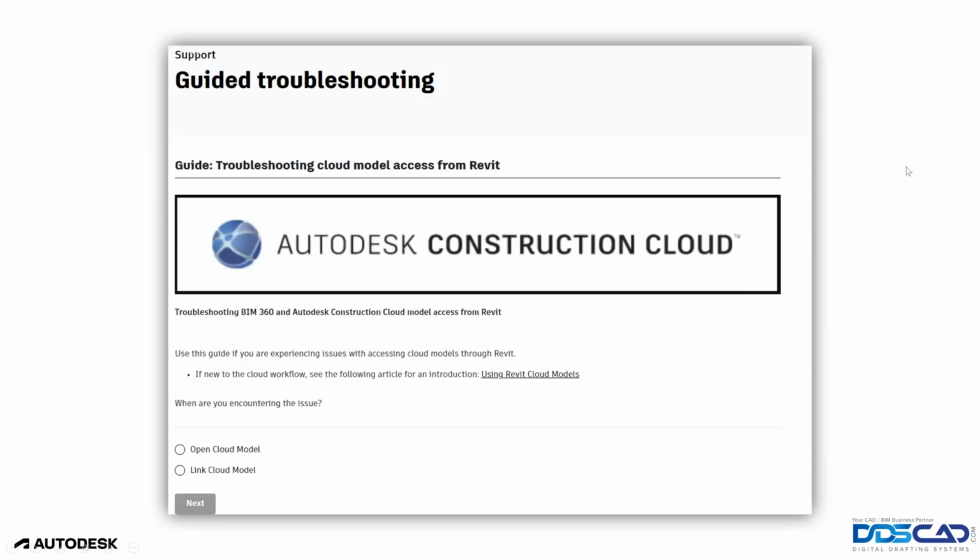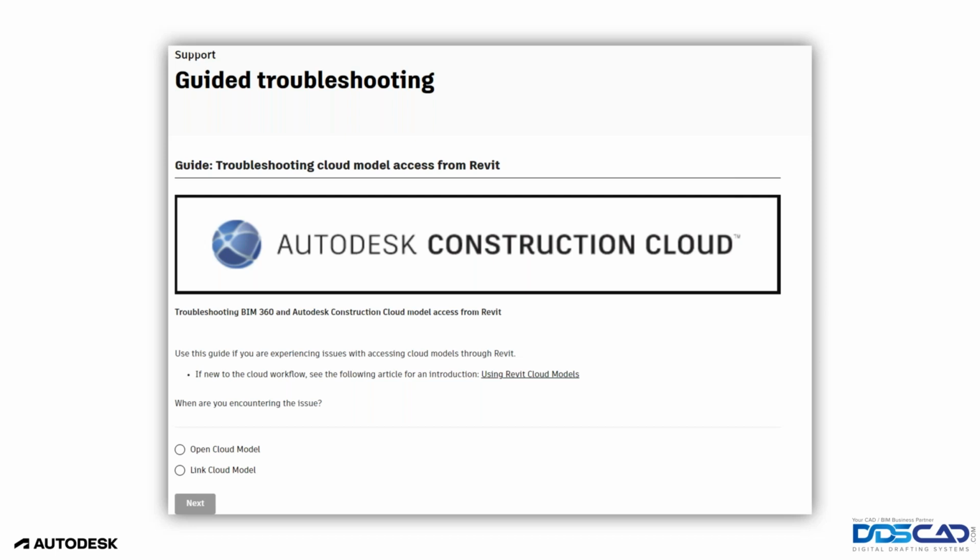Okay, and so the last thing here I just want to touch on briefly, if you run into any issues, you have any questions, anything like that, you can always reach out to us. But if you do, try to figure it out on your own first, and you go ahead and Google your issue, your error message, whatnot, you'll often come to an Autodesk Knowledge Network article that talks about how to fix something.